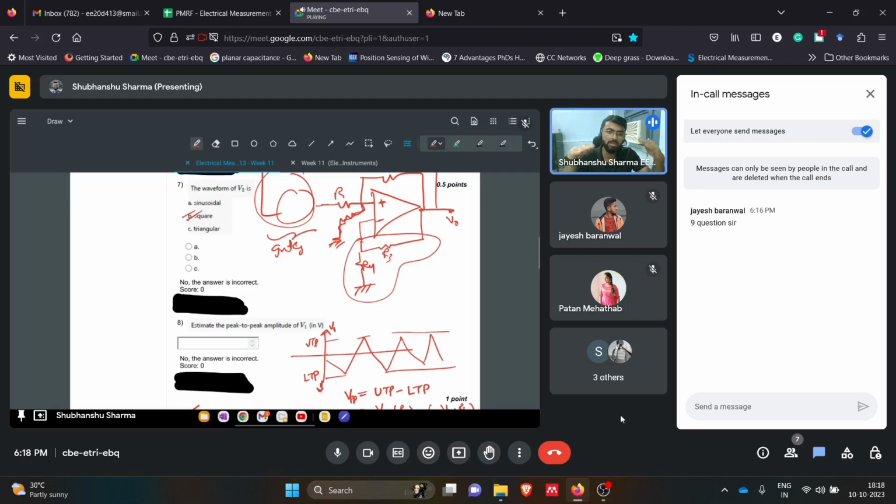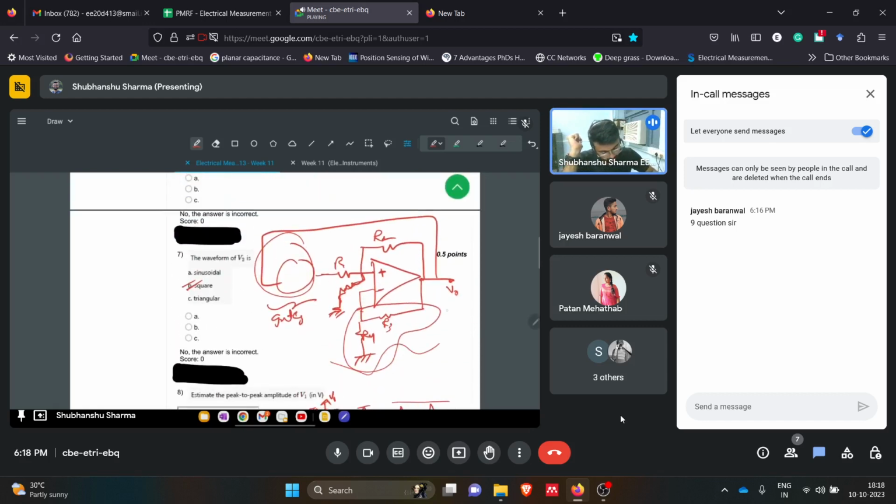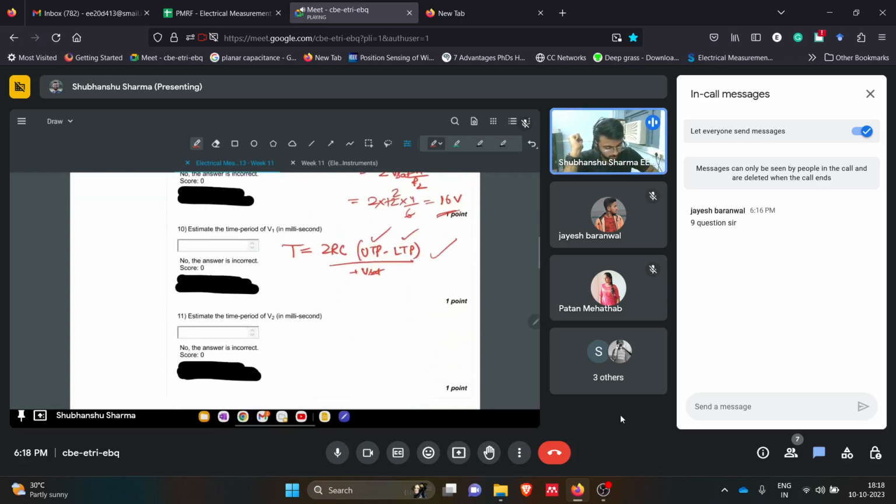So the idea is to use the concept of finding the upper threshold and lower threshold of a Schmitt trigger, which you have read in week 10 or 9. If you know how to solve for that, then even if there is some complex circuit, you can use this formula, get the upper threshold and lower threshold points, put them here and solve for the time period. So there may be changes in the circuit. Based on UTP and LTP, you can solve.